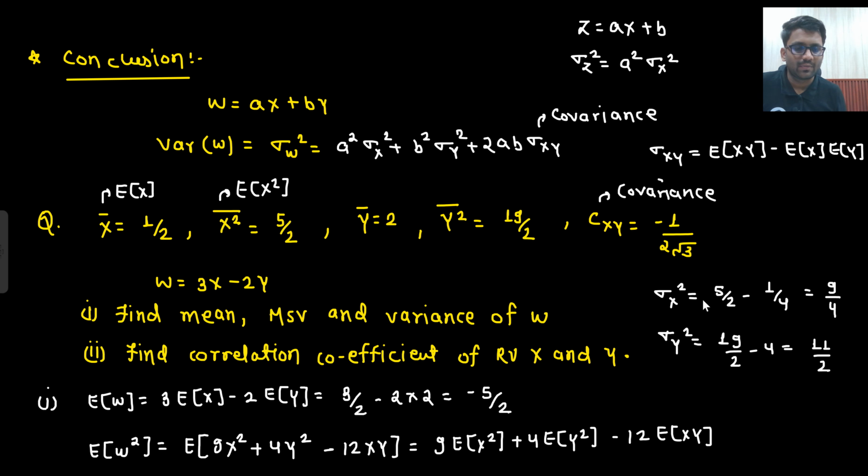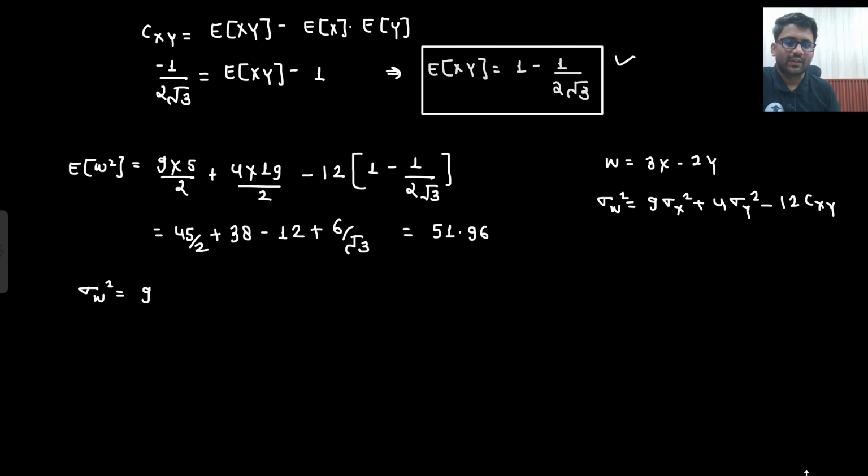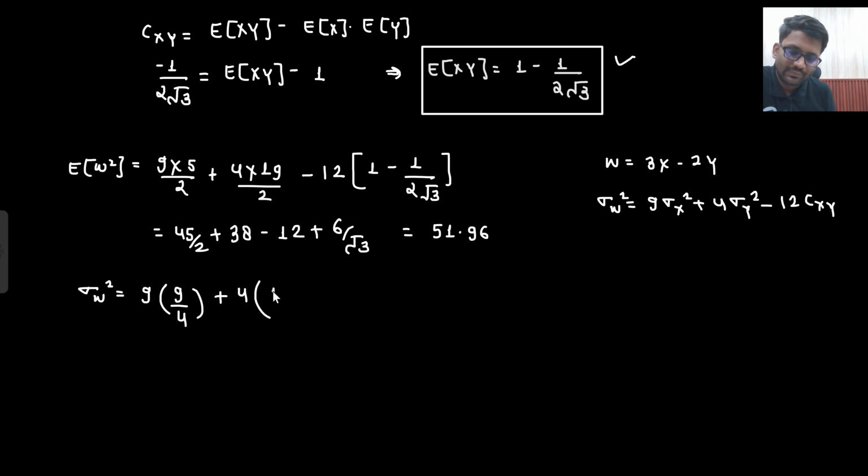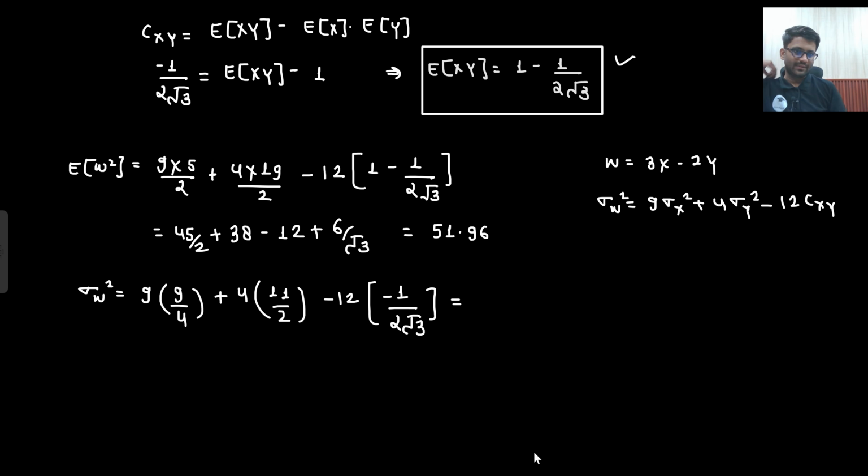So 9 by 4, 11 by 2. So 9 into 9 by 4, plus 4 into 11 by 2, minus 12 into minus 1 by 2 under root 3. Well and good, right? So you will solve this, you will get the answer.